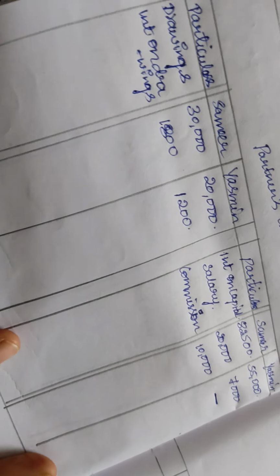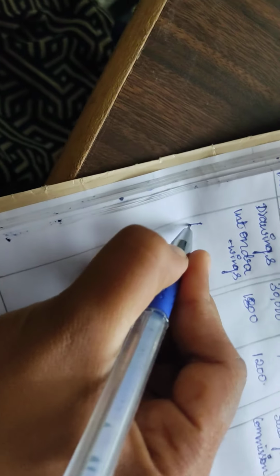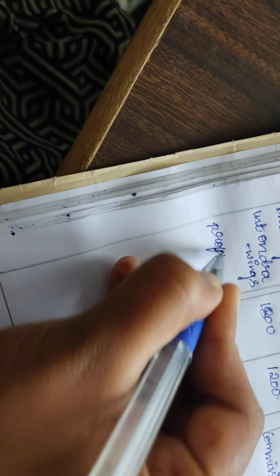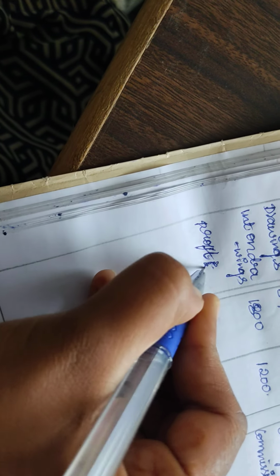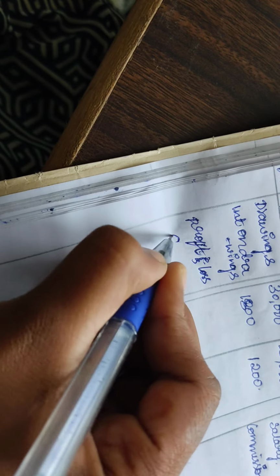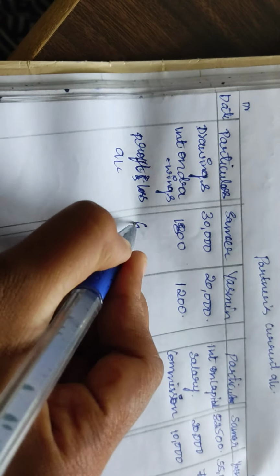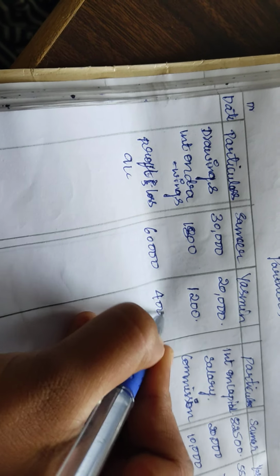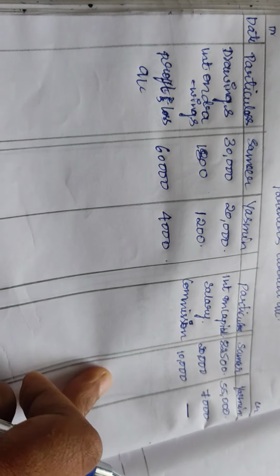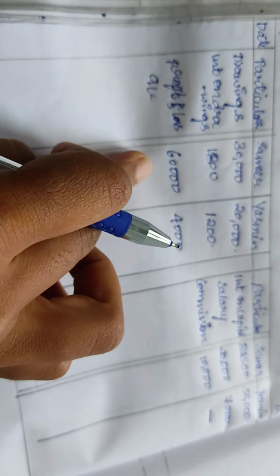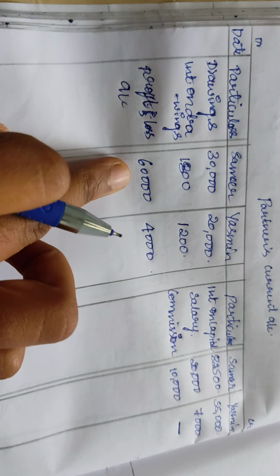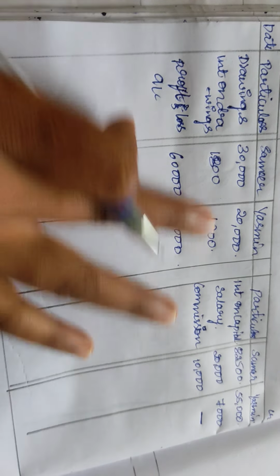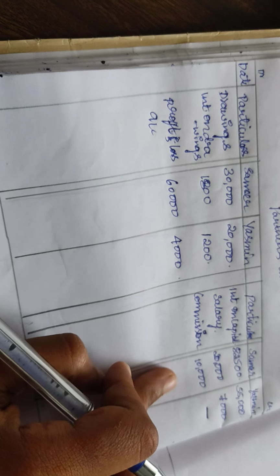The next one is share in loss. As we are incurring loss, the profit and loss account, share in loss, they agreed to share 60,000 and 40,000. Now you calculate all these sides. So this side is less compared to this side. We have 1,12,500 here.